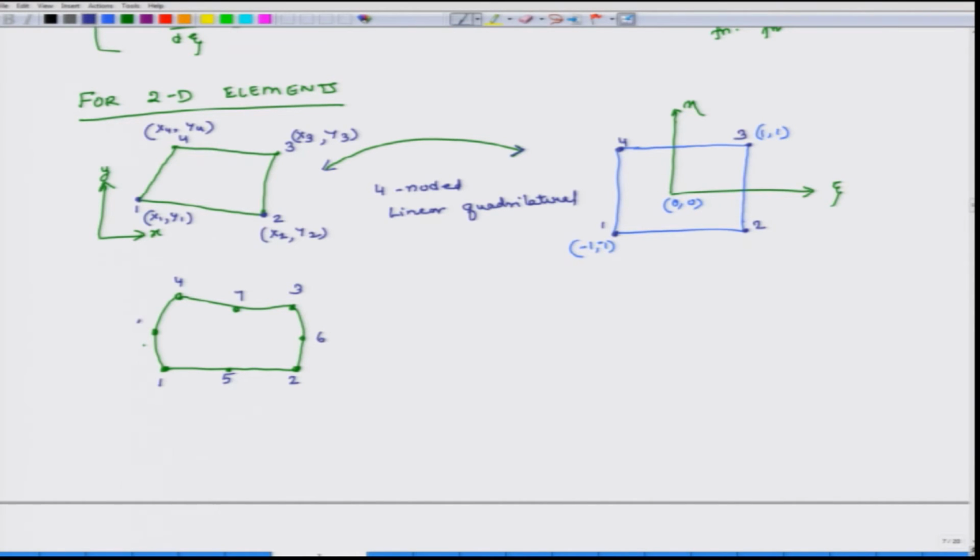Again here it is in the x coordinate system, it gets mapped into the zeta and eta domain, and there is a 9th node here 9.